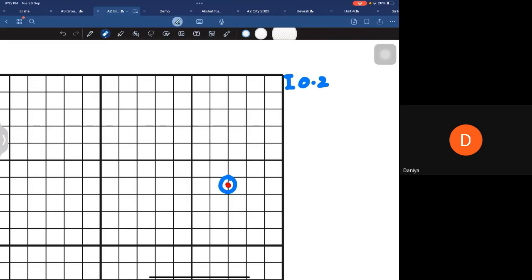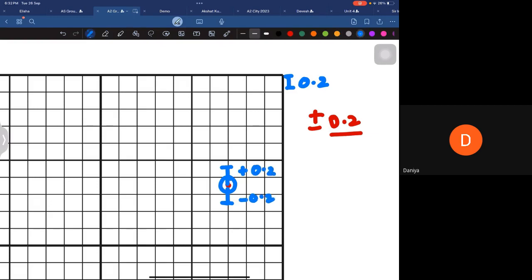We got to go one box up because the error is plus minus 0.2. So I'm going to go one box up and one box down. Do you get it? This shows that it has plus 0.2 error in this. Also, it has minus 0.2 error. This is what we're showing on this. Get it?